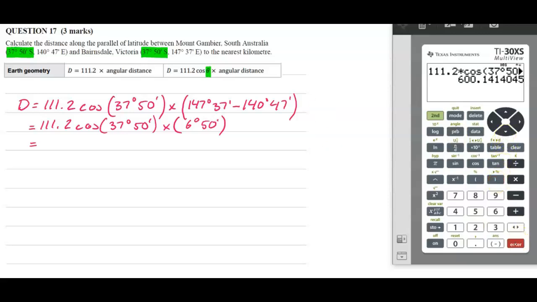Gives us an approximate distance of 600.14 kilometres. Now it's said to give the answer to the nearest kilometre, so we'll say the distance is approximately 600 kilometres.